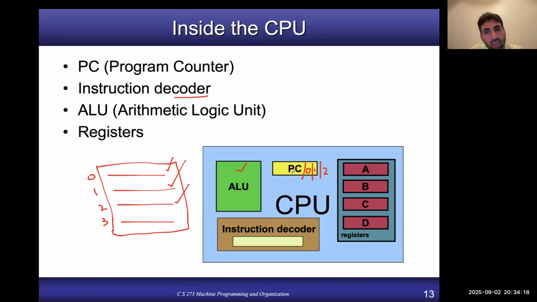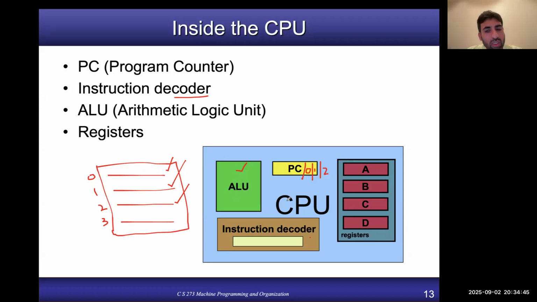Instruction decoder. The instructions you fetch from the memory are of different types. You might say load some value into a register, or add two registers, or increment a register. As human beings, we understand the meaning of each of these instructions. But the digital hardware first needs to decode the instruction to understand what to do.